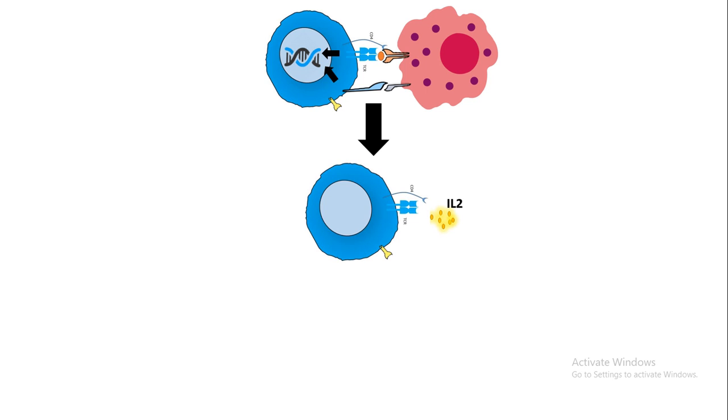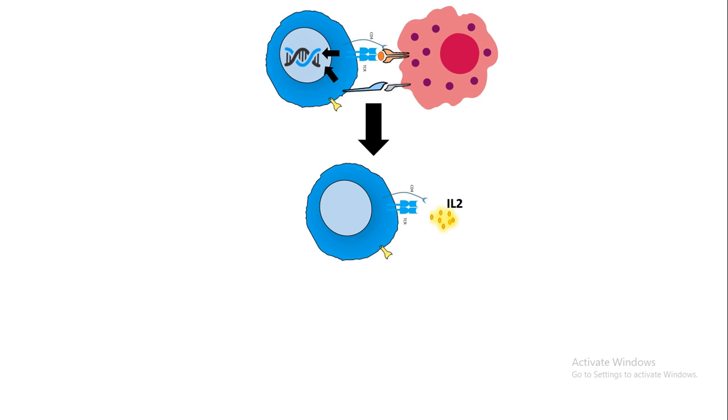Now let's say this T cell is activated by a peptide that is presented on a class 2 MHC by a macrophage or any other antigen presenting cell. This ultimately gives rise to two signals for differentiation or proliferation of that particular T cell, and the third signal is interleukin 2.